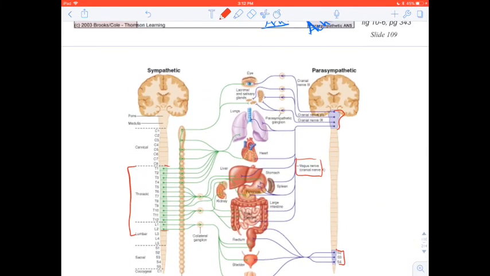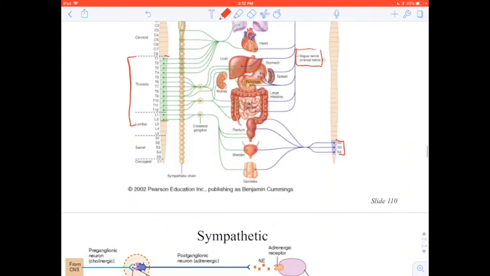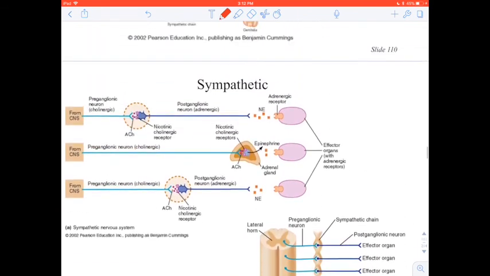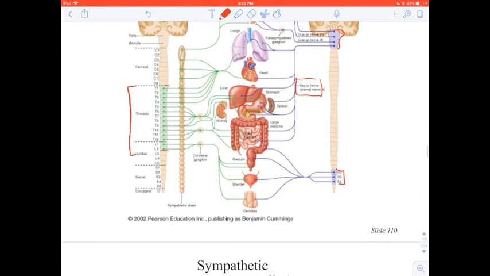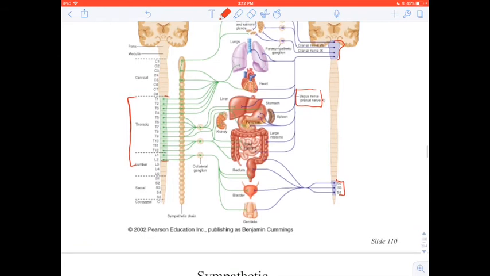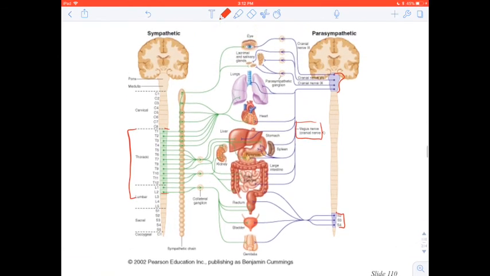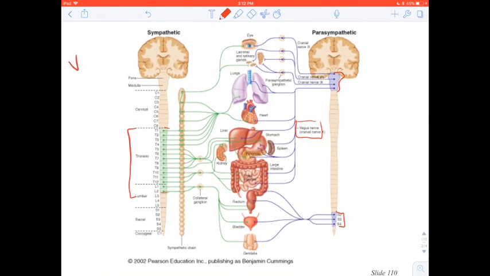And so how is it that we can get separate action on the same organ? If my body is in fight or flight mode, and we've all heard this, we vasodilate our peripheral muscles in sympathetic mode. So we'll say vasodilate muscles.